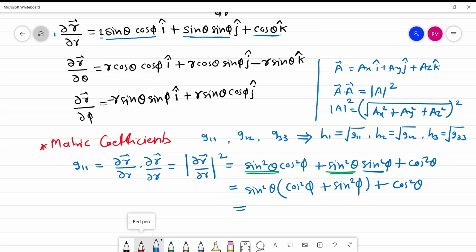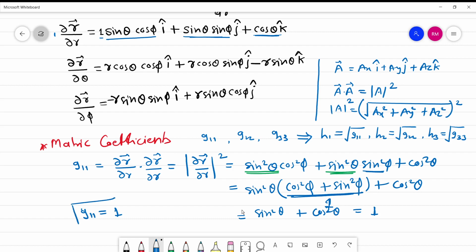Okay, so sine square phi plus cos square phi is 1, right? It is 1, and then this will look like sine square theta times 1, plus the third term cos square theta, which is equal to 1, right? Sine square theta plus cos square theta is 1. So what I know now, G11 is 1. This is my first metric coefficient.